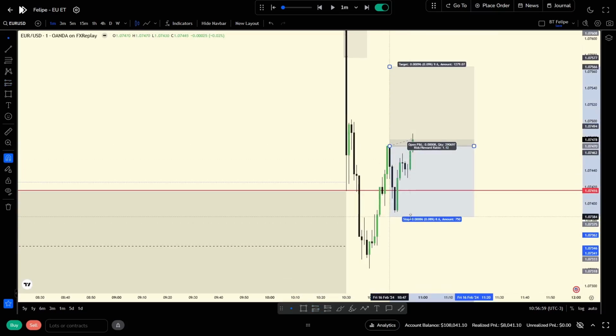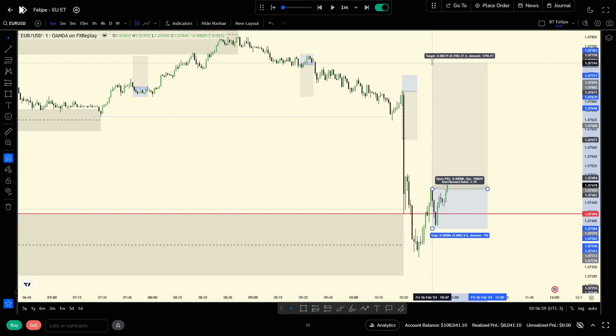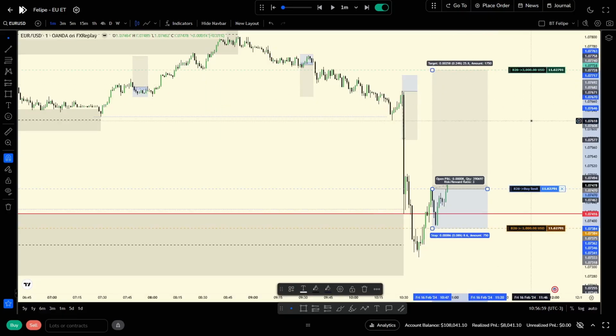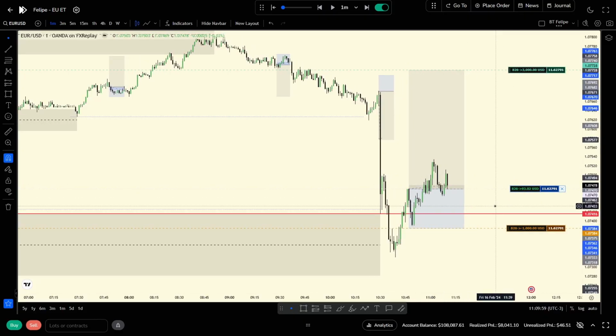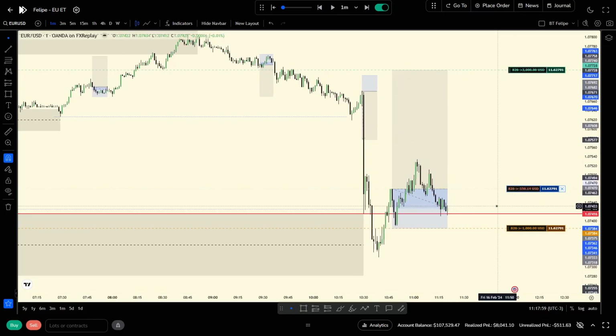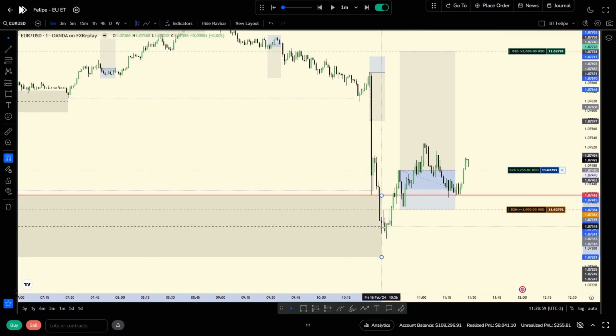There was a buy setup. I'm only trying this buy because we tapped this POI, demand area.